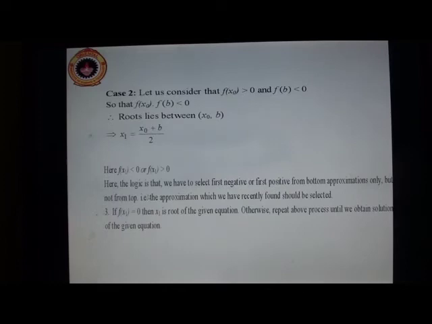Here the logic is that we have to select the first negative or first positive from the bottom approximations only, but not from the top. That is, the approximation which we have recently found should be selected. If f(x1) = 0, then x1 is the root of the given equation. Otherwise, repeat the above process until we obtain the solution of the given equation.